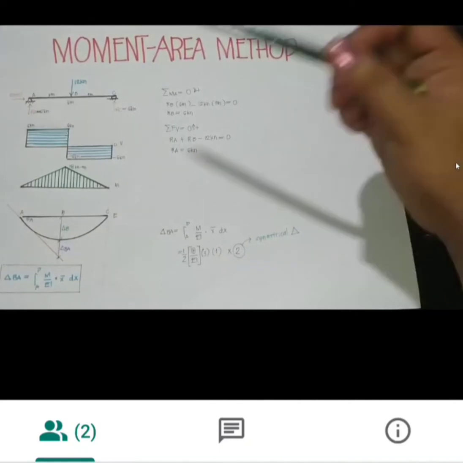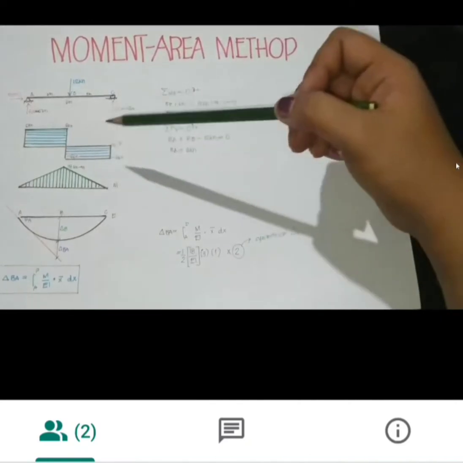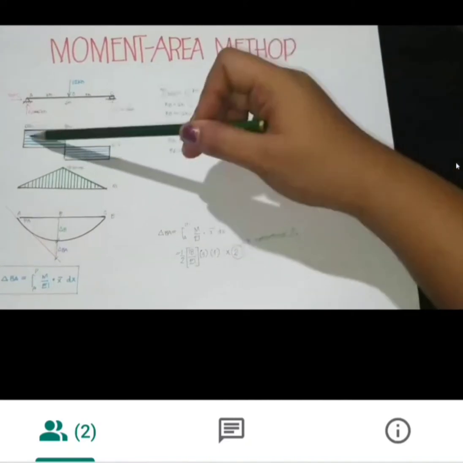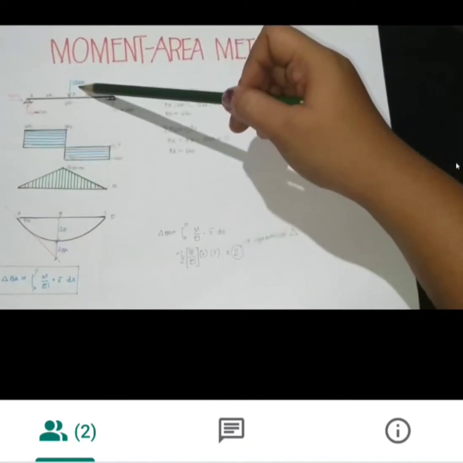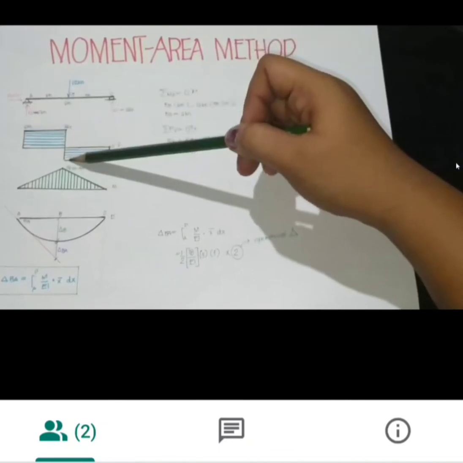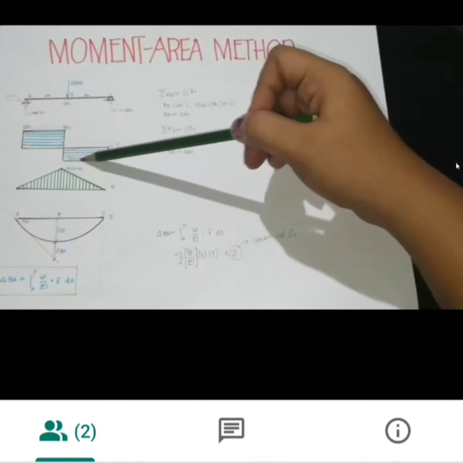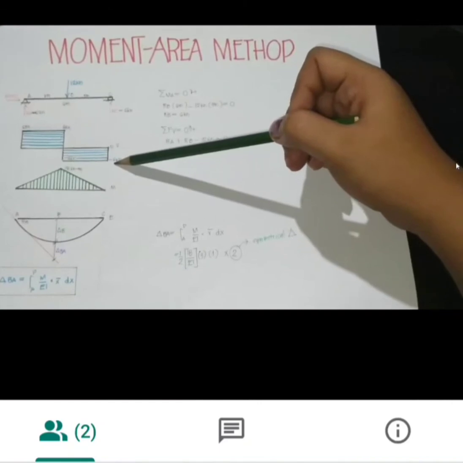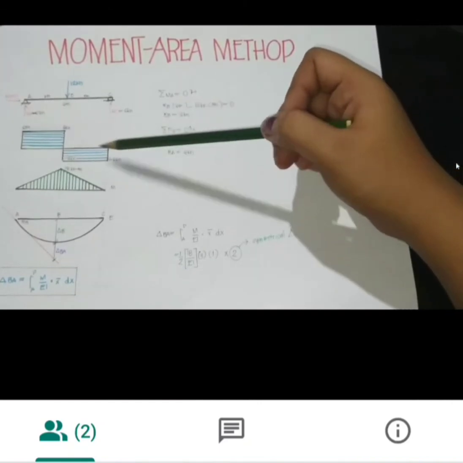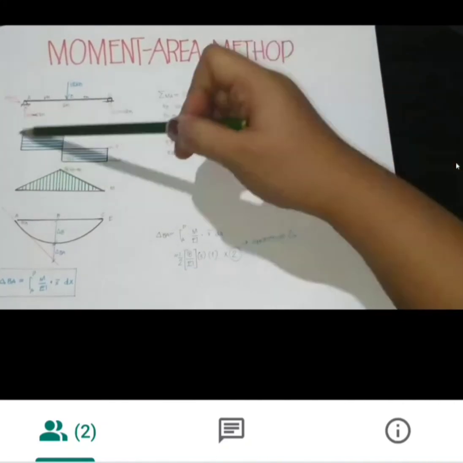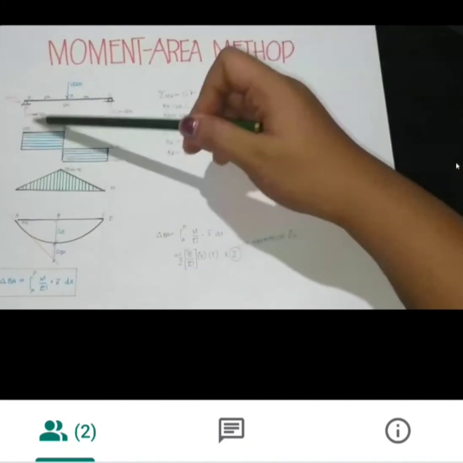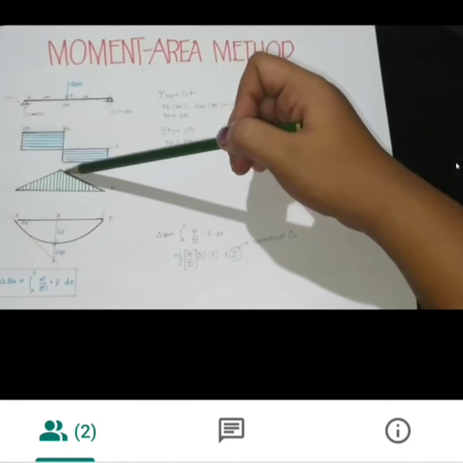So we can draw the diagram. Show diagram first. So positive 6 kilonewton minus 12 kilonewton is equal to negative 6 kilonewton. Then negative 6 kilonewton plus 6 is equal to 0. Then moment diagram is yung area lang nung shear diagram. So 6 times 3 is positive 18.